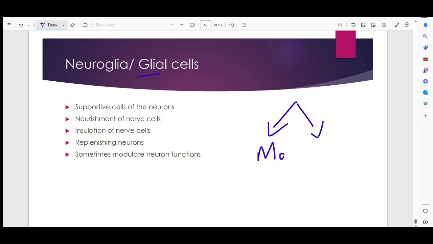Depending on the location, microglia are present in the central nervous system. I will write CNS. Central nervous system means the brain and the spinal cord. And macroglia are present all over the body, and there are majorly 5 types of macroglia.